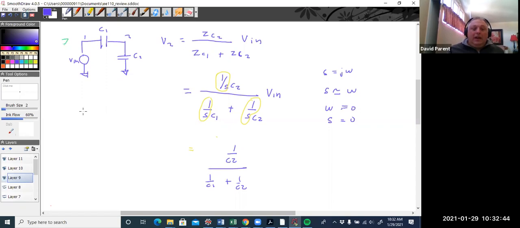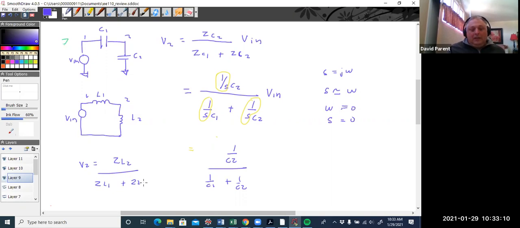If I did the same thing with the inductors, V2 equals ZL2 over ZL1 plus ZL2, which is SL2 over SL1 plus SL2.